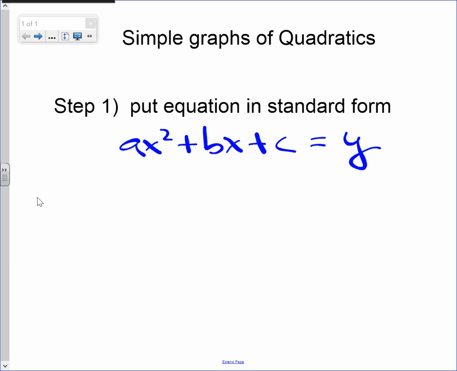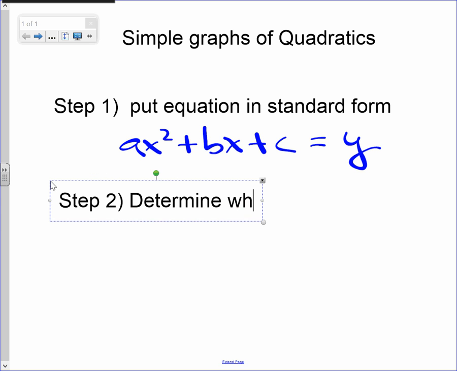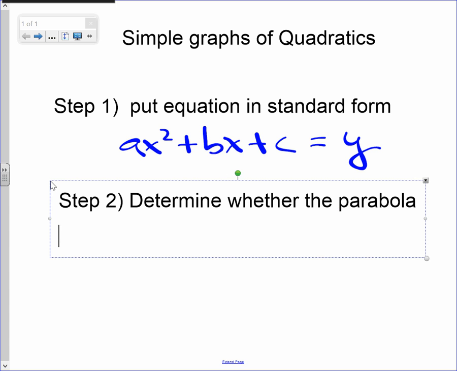Step 2. Let's do this. Step 2. Determine whether the parabola opens up or down.